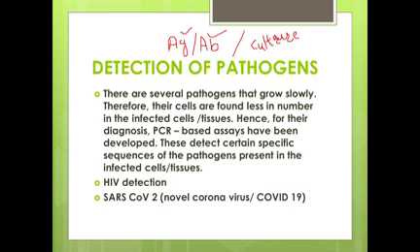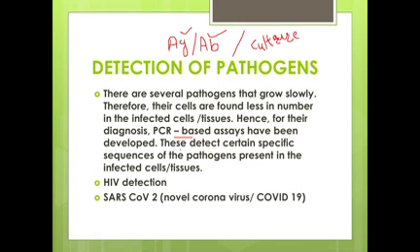But there are several pathogens that grow quite slowly. Therefore, their cells, or if they are viruses, they are found in far less number in the infected cells or tissues. Hence, for their diagnosis, PCR based assays have been developed.